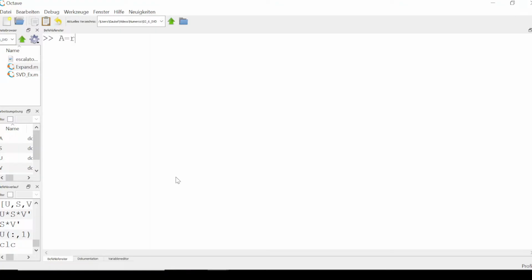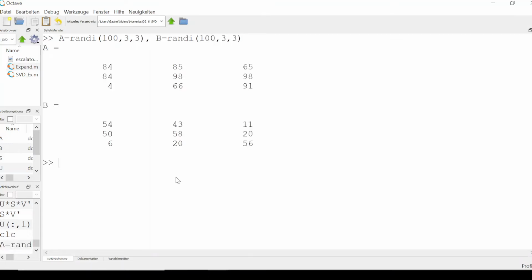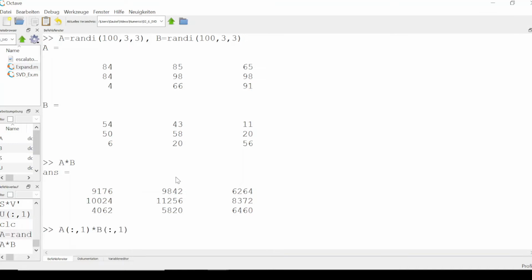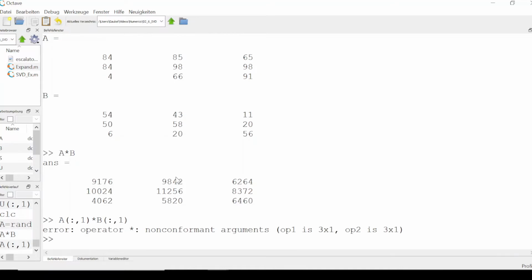Let's say A is a random matrix, entries are integers between 0 and 100 or 99, I don't know. Let's say it's 3 by 3. And let's say B is another matrix, also 3 by 3 in our example. And then we can multiply A times B. And instead of doing the multiplication we did here, we can also take the first column of A and multiply with the first row of B. And then you will get a matrix.